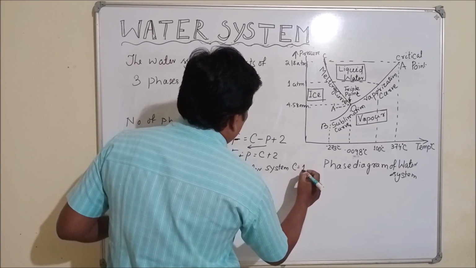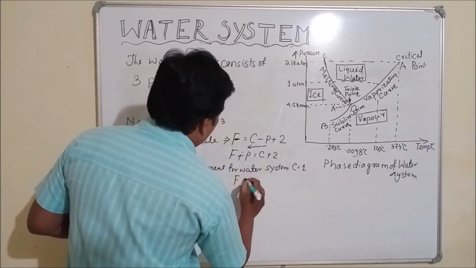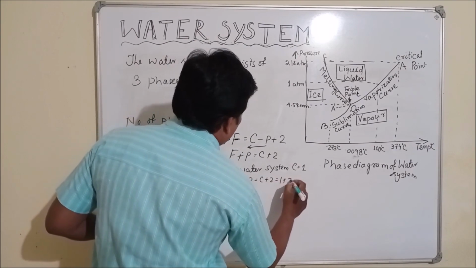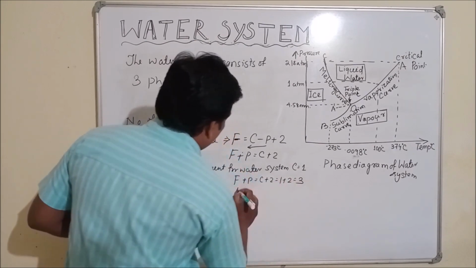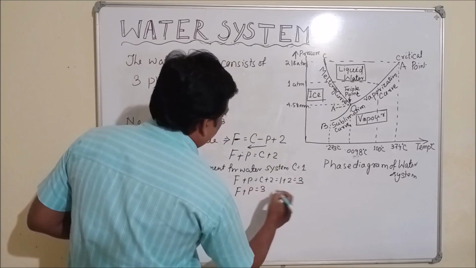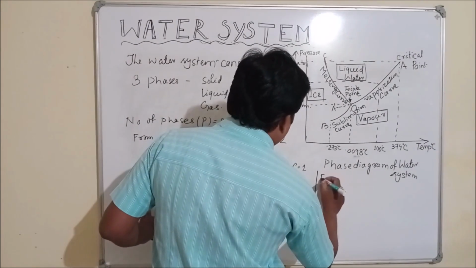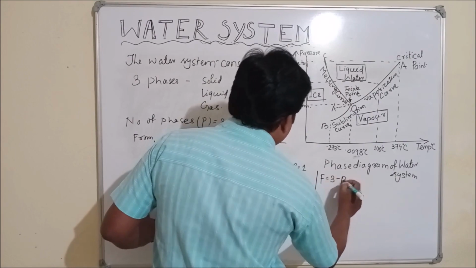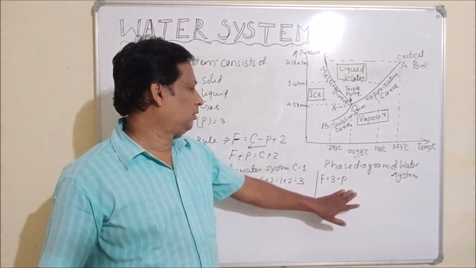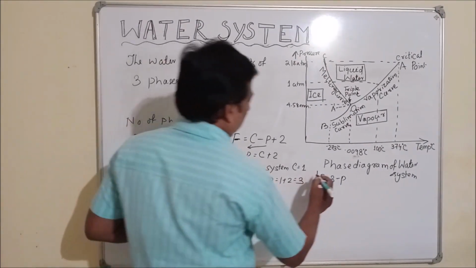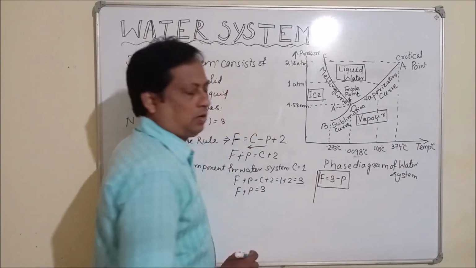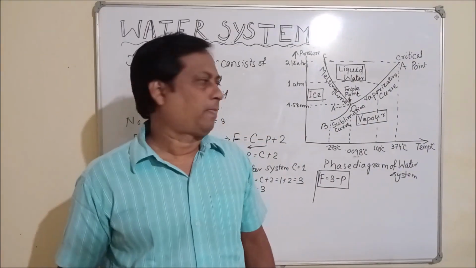C equal to 1. So F plus P equal to C plus 2, that is 1 plus 2, that is equal to 3. So F plus P becomes 3, and we get F equal to 3 minus P as the equation which will be used for the water system. Okay.